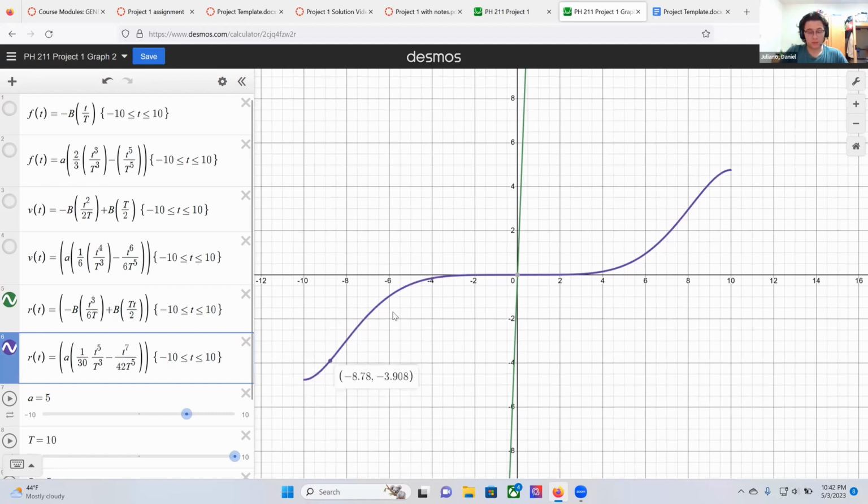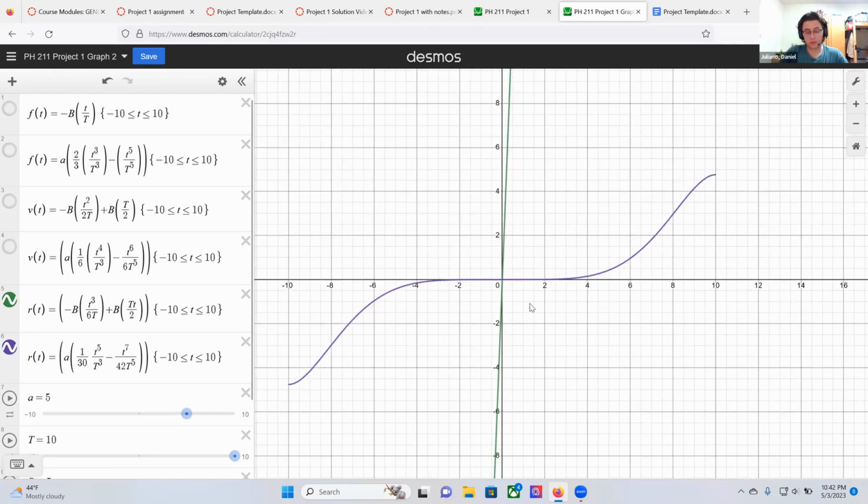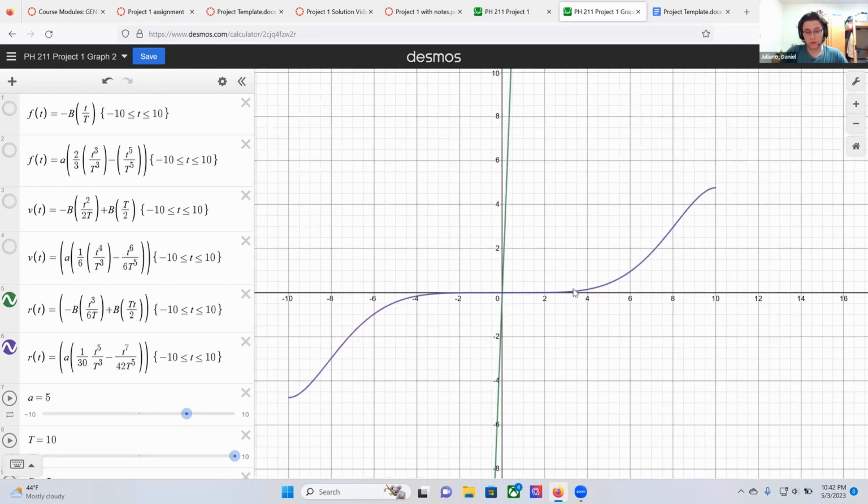It then took off from this valley, let's say. It had level flight from maybe -2 to +2 in time before coming in for a landing, maybe on a hillside or a cliff, which is what this large positive y displacement shows.